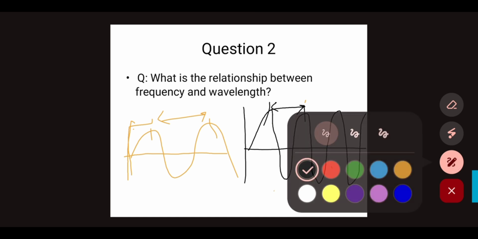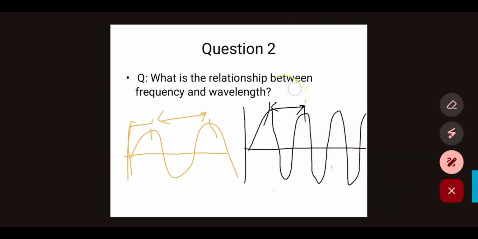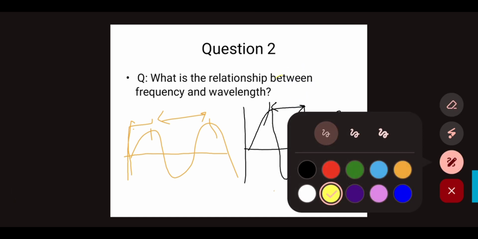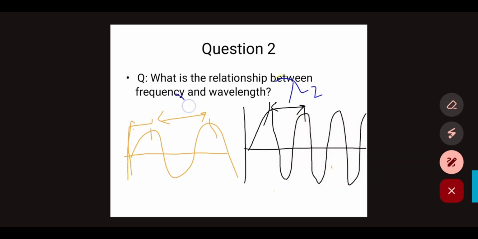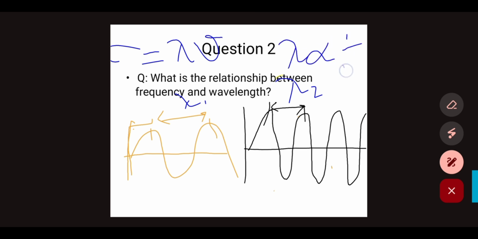Let's call these lambda 2 and lambda 1. Now we all know that c, the speed of light, is wavelength times the frequency. That also means frequency is inversely proportional to the wavelength.